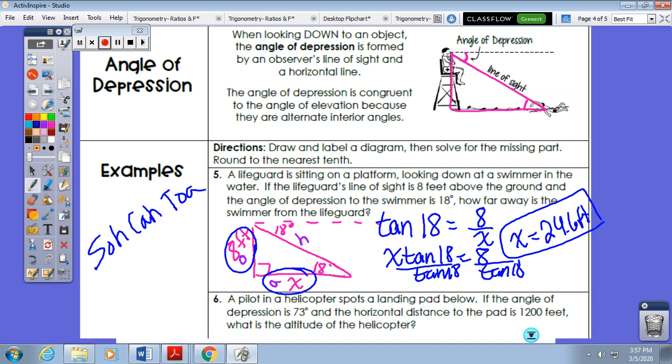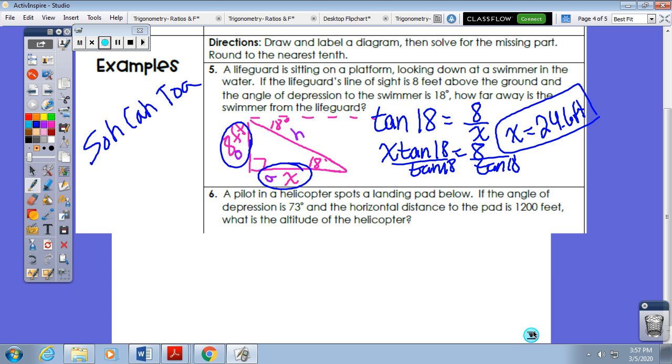Okay, so we're doing very similar work to what we were doing on the other side with angle of elevation. You just have to get your angle of depression put into where the elevation would be. Again, these are congruent. So a pilot in a helicopter spots a landing pad below. If we look at our right triangle here, we've got a helicopter in the air.